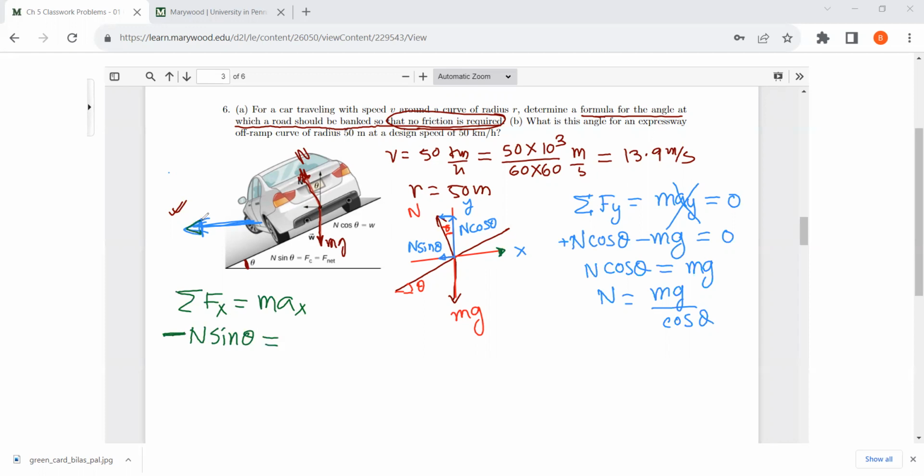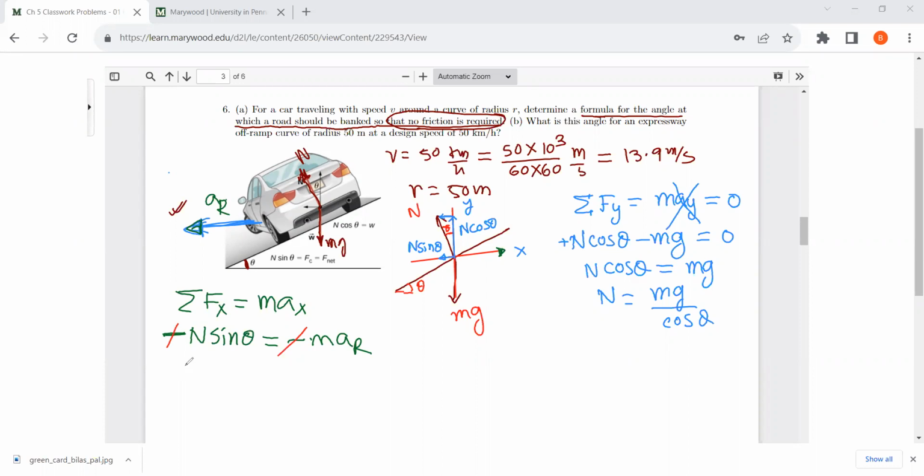And in this direction, we have m, the centripetal acceleration direction is also this one, right? So the centripetal acceleration, because it's in this direction, we can write minus m a_r. So this minus cancels out, so that's a good thing.